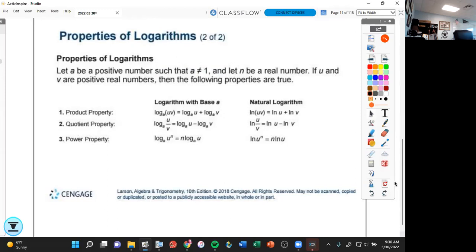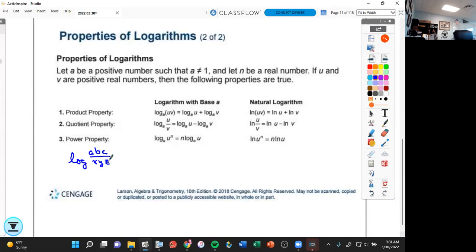So here I'm going to do a quotient property, and it's going to be a combination of the quotient property and the product property. Here it is. And I'm going to do it just base 10, because I don't want to write the bases, it'd be a little bit lazy. If I had the log of A, B, C divided by X, Y, Z. Do you see a product on the top?